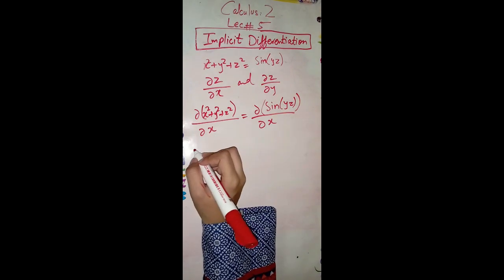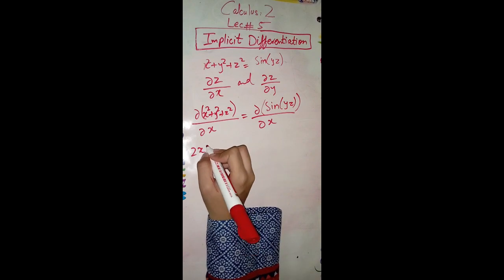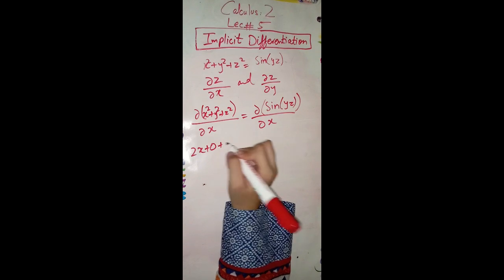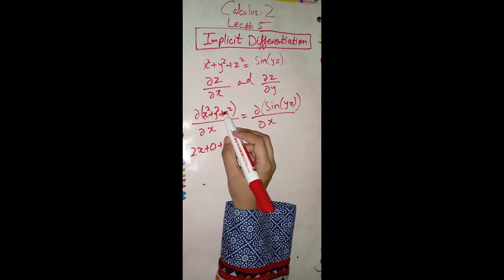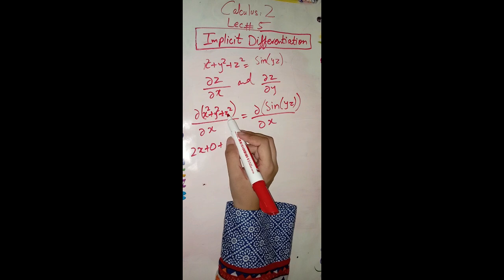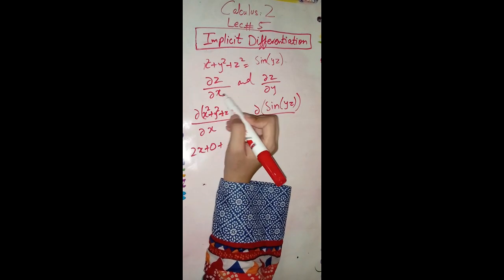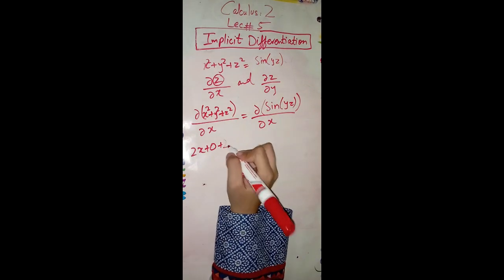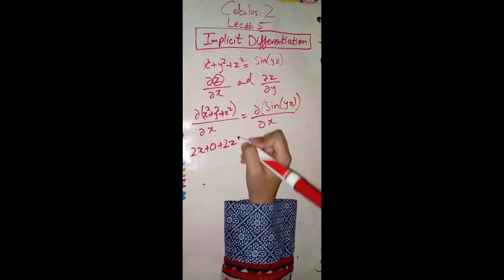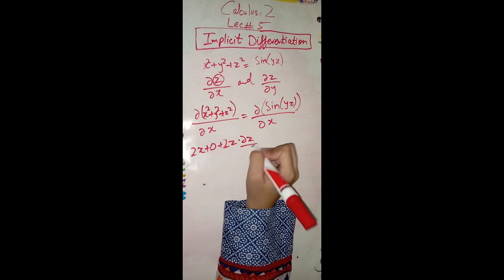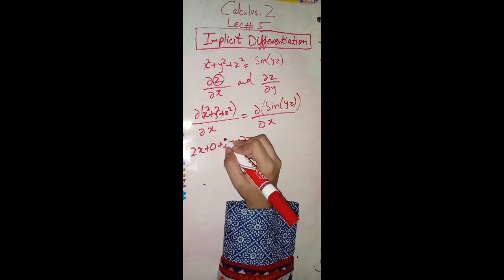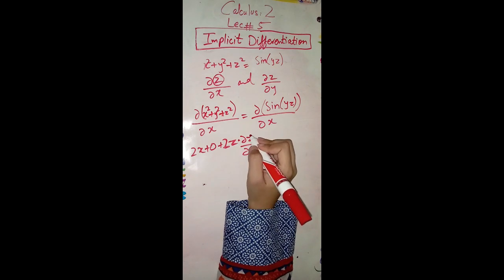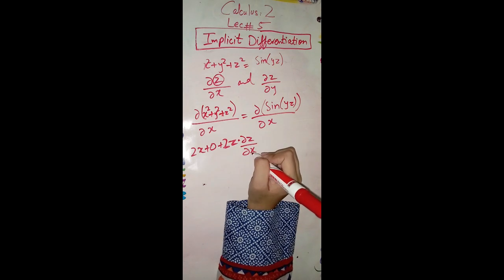Now we will take the derivative. The derivative of x square is 2x, and y is not involved, so y is a constant and its derivative is 0. We have to take the derivative of z, because we need partial of z by partial of x. So it will be 2z times partial of z by partial of x: the power of z, and the derivative of z with respect to x.